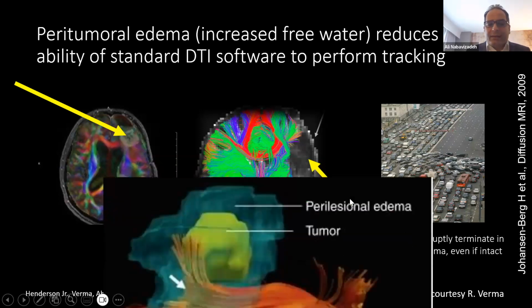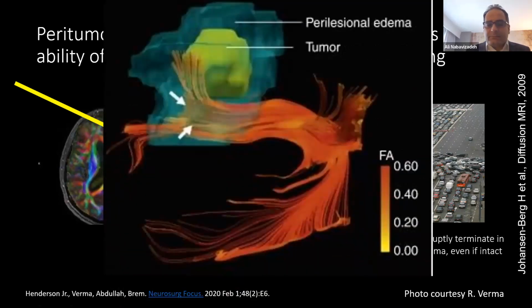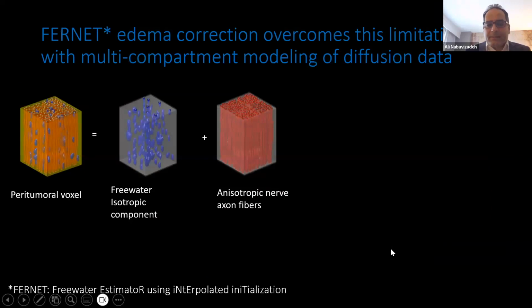To address the problem of peri-lesional edema, and you can see that when there is edema, the FA values decrease significantly, as you can see in this color map, a group of investigators at Penn, led by Dr. Ragini Verma, developed this technique called FERNET, which corrects for edema to overcome the limitation of multi-compartment modeling of diffusion data.